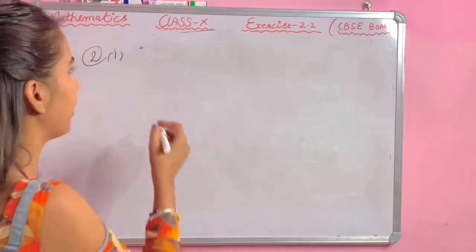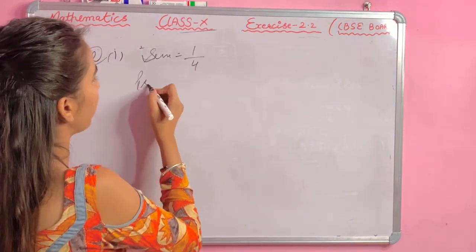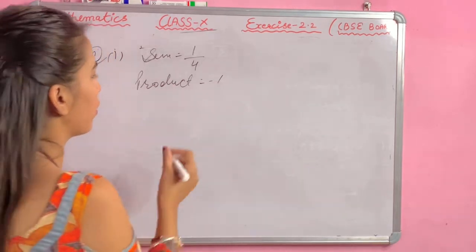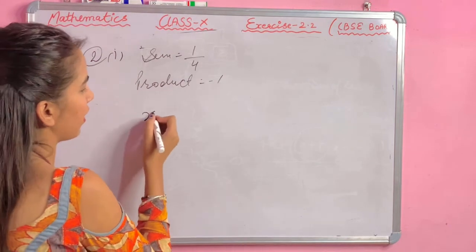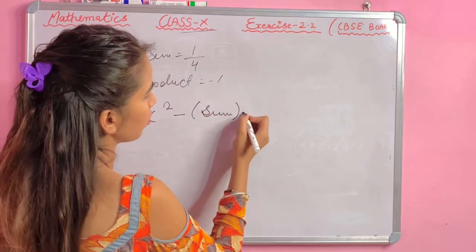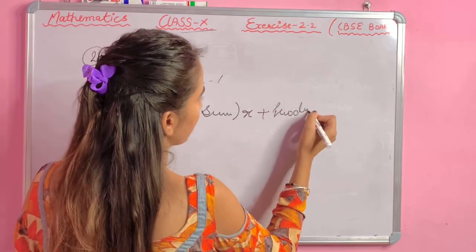Students, the next part is sum is 1 by 4 and the product is −1. We know that the formula is x² − (sum of zeros)x + product, right?